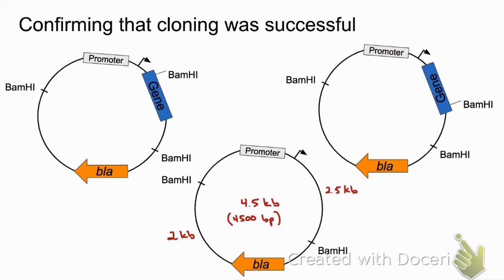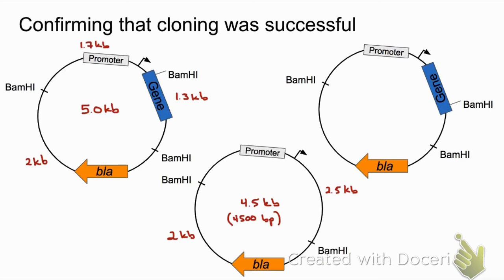Let's now take a look at the scenario which we're hoping to achieve, in which we've put the gene in the correct orientation downstream of the promoter. This again is our plasmid in the top left-hand corner. In this example here, let's assume that the gene is about 500 base pairs, increasing the size of our plasmid to 5 kb, or 5,000 base pairs in total.